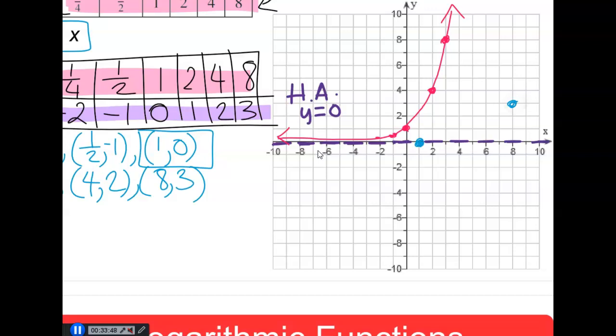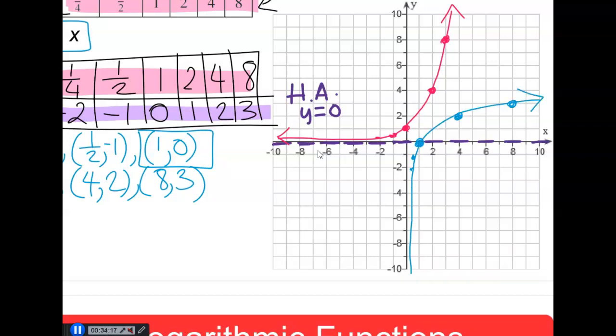We also have 4, 2. And we have, what else? Then we get the fractions, 1/2, -1. So 1/2 for x, -1 for y. And then we get 1/4, -2. So it gets closer to the y-axis. And this is how the graph will look.